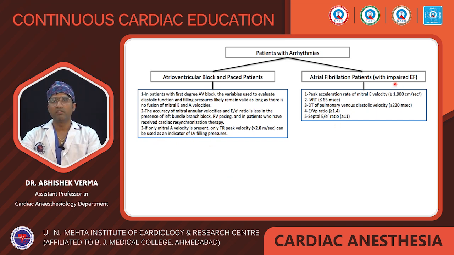But in patients with AF with impaired ejection fraction, the peak acceleration rate of the E velocity, IVRT, DT of the pulmonary venous diastolic velocity less than 220 milliseconds, or E upon mitral valve propagation velocity more than 1.4, septal E by E prime ratio more than 11, show diastolic dysfunction.